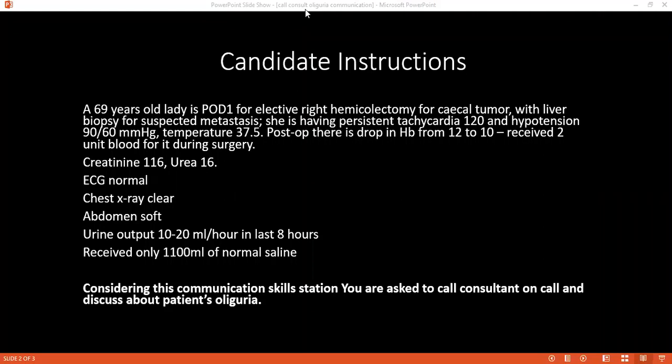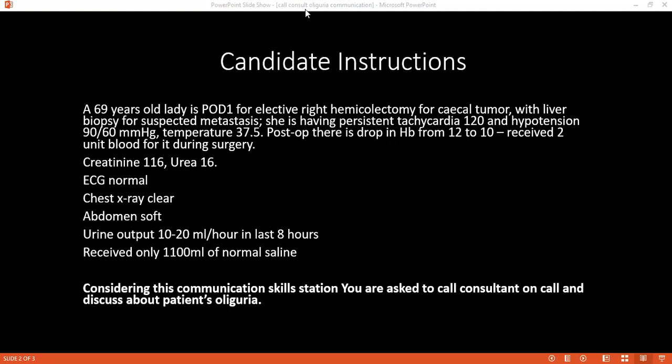basically because I'm worried about a patient, one of your patients, who seems to be in oliguria, having a background of post-op day 1 of elective right hemicolectomy for the caecal tumour.